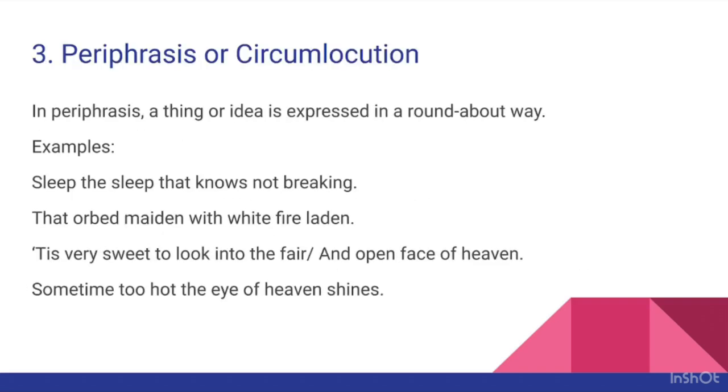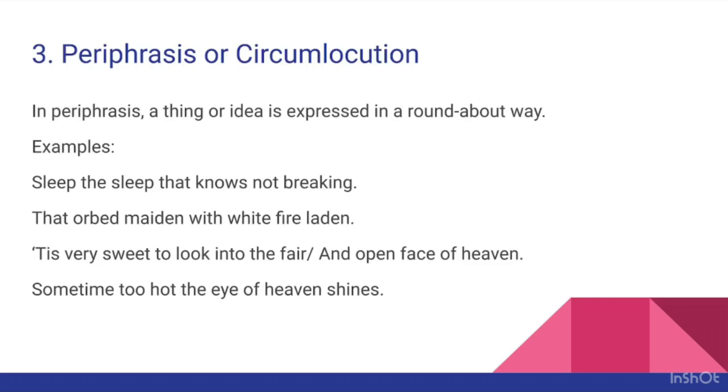Next figure of speech is periphrasis or circumlocution. So, in periphrasis, a thing or idea is expressed in a roundabout way. For the sake of beauty, a thing or statement is often expressed in a roundabout way.